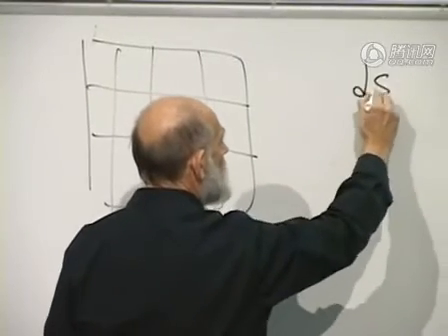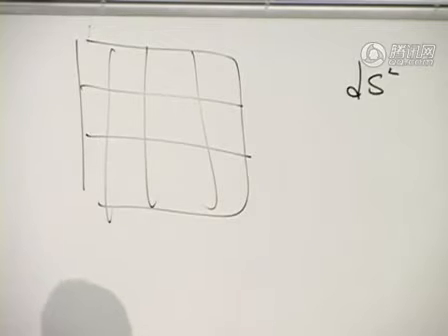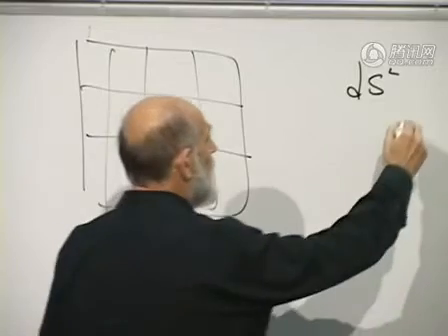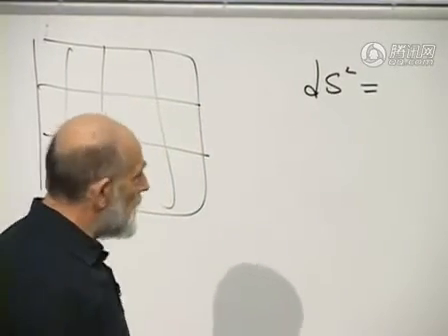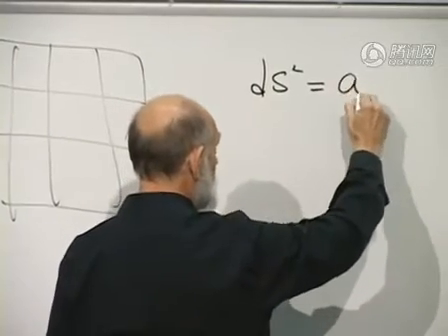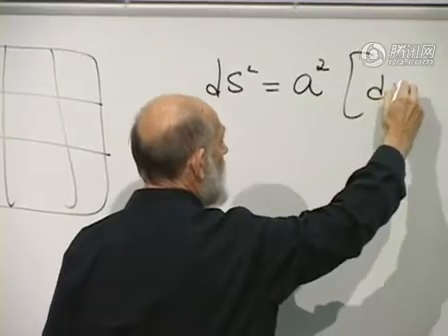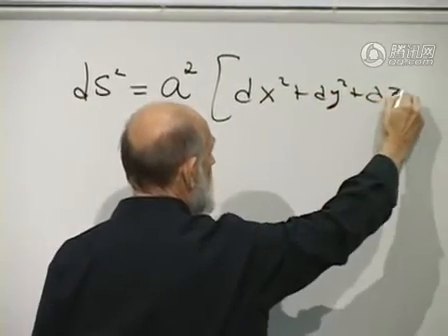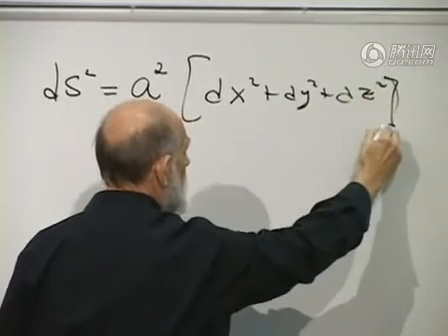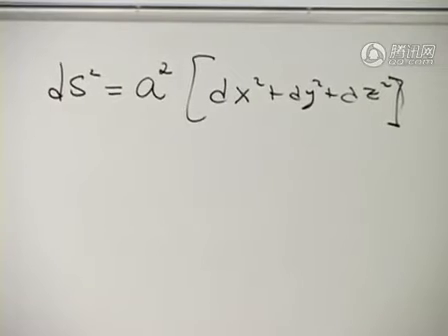Let's call it ds squared for spatial separation, for distance. ds squared is some constant, any constant will do, let's call it a squared, times dx squared plus dy squared plus dz squared, where a is just a fixed number.